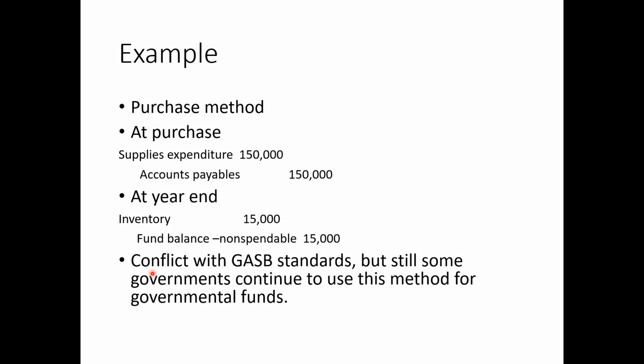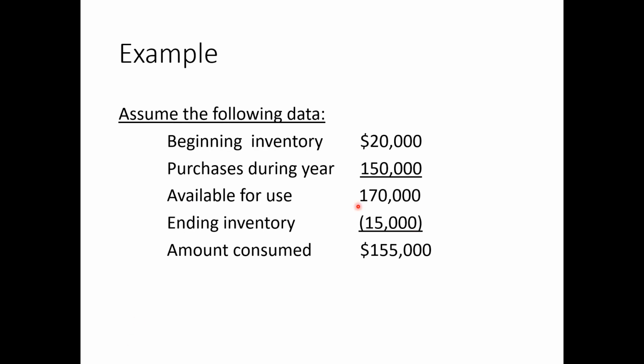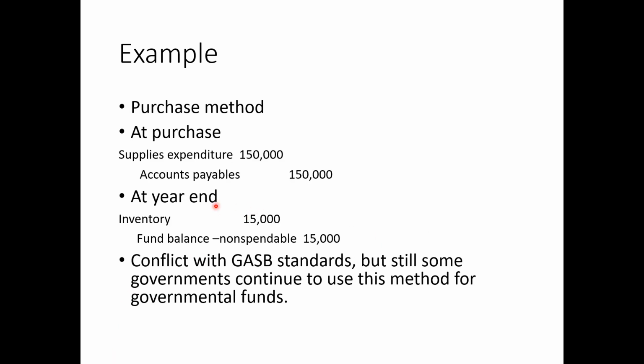Then at year end, we have 15,000 remaining, so we add 15,000 back to the funds. Debit inventory 15,000 and credit fund balance non-spendable, because this inventory is non-spendable.